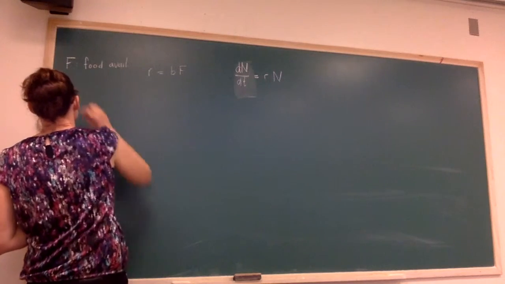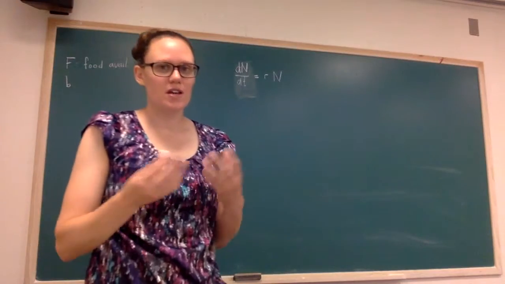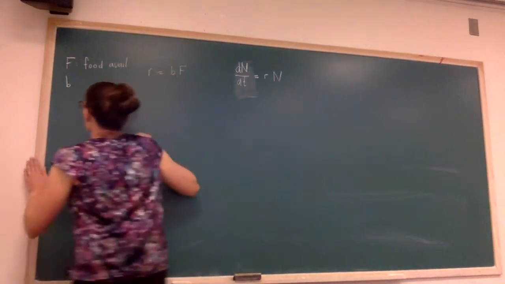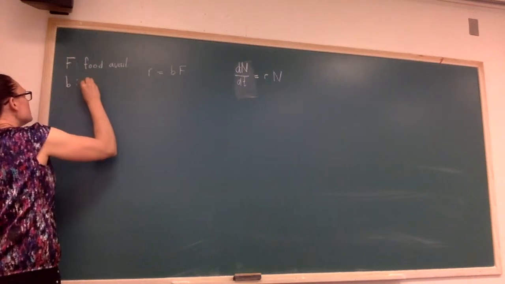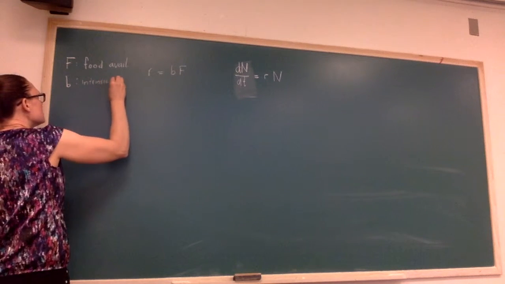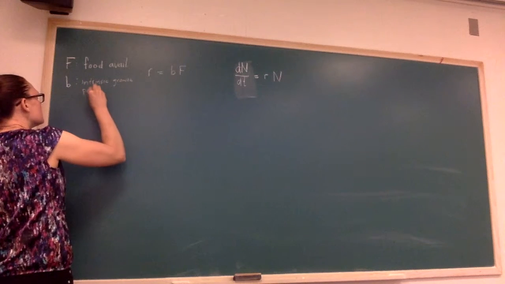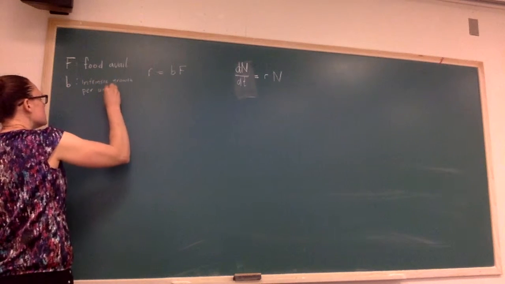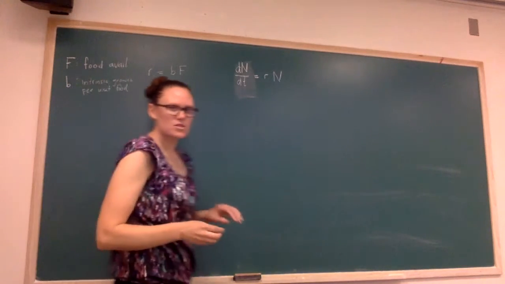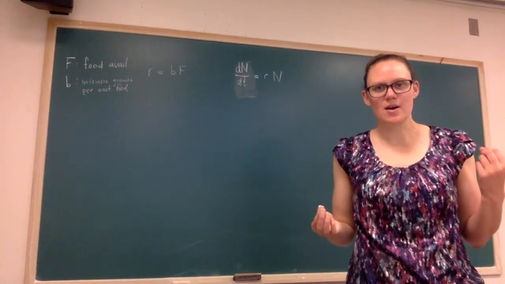And B is how much intrinsic growth you get per unit of food. So this number B might be different for different populations.